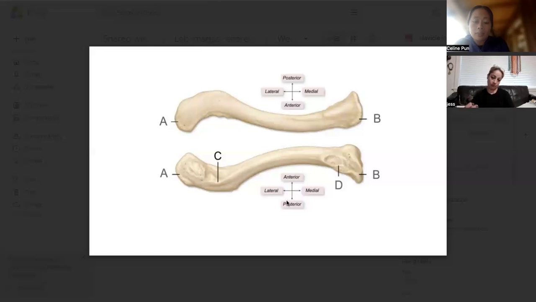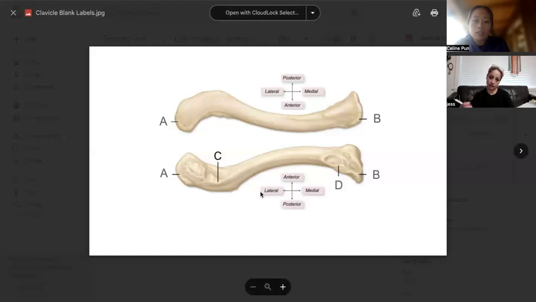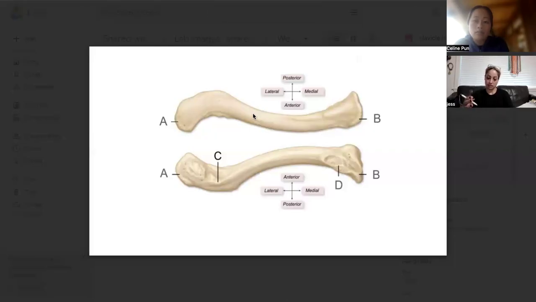It looks like everything is posterior on the bottom, and on the top they flipped it, so that would be anterior. Okay, I'm starting to get it. I know these words all sound very similar, which could be tricky. Then it would flip. I had no idea what I was looking at.